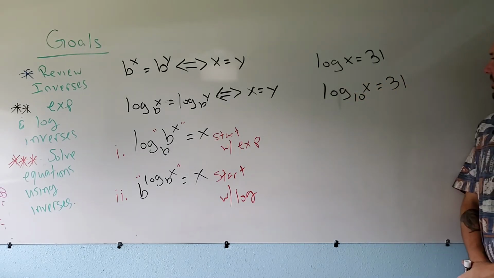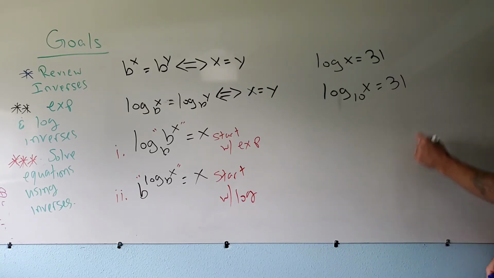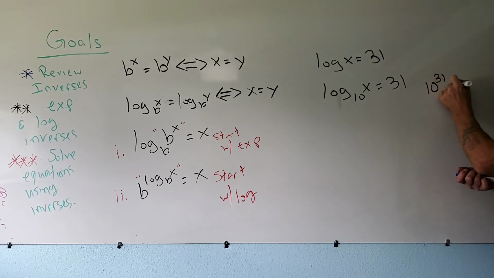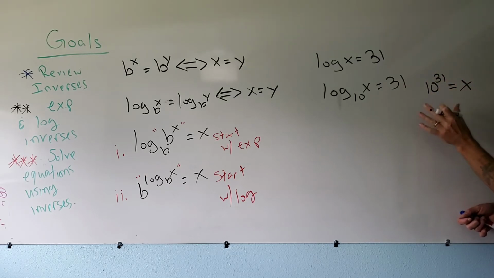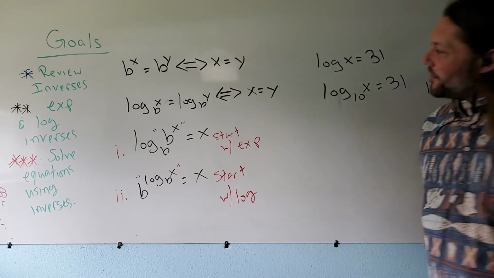If you were to solve this, the easy way is you would just rewrite it as an exponential. So it would be 10 to the 31st power equals x. It's a huge number. Again, this is a very simple problem to solve, but we're going to use the inverse properties to do it.